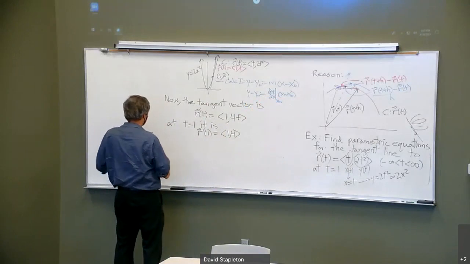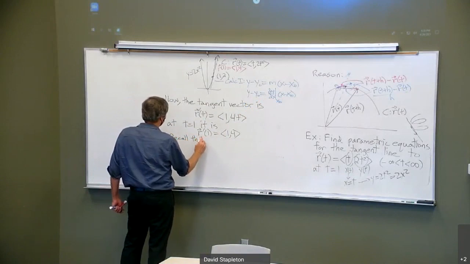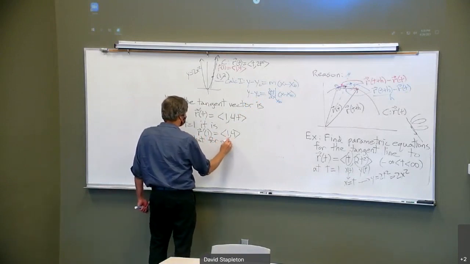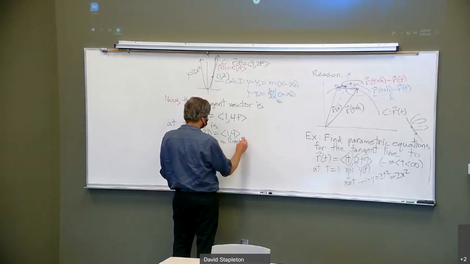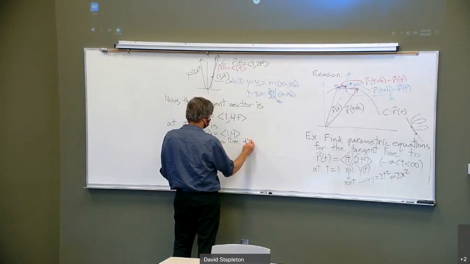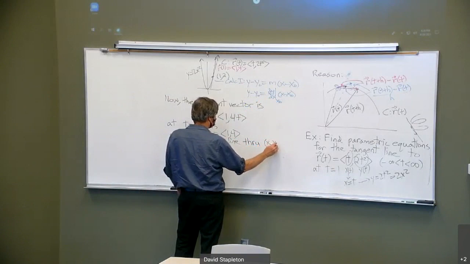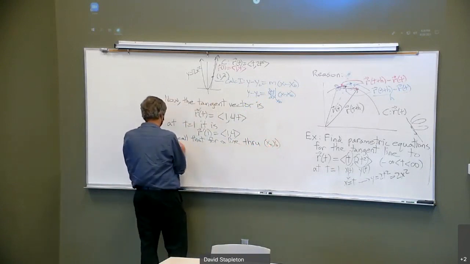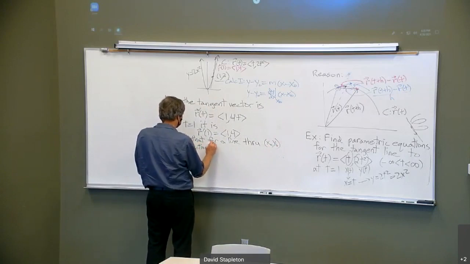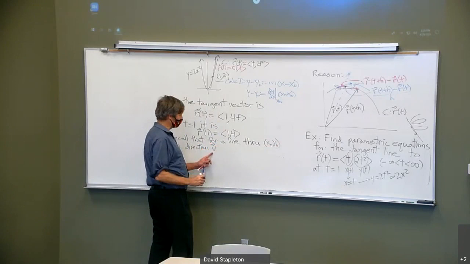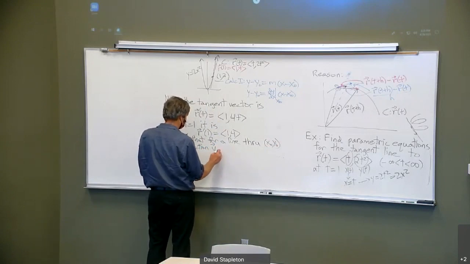We recall the parametric equations for a line through a point x0, y0 in the direction v. Notice the similarity. v is now velocity, but v was the direction before. It's the same concept. It's tangent to the curve.